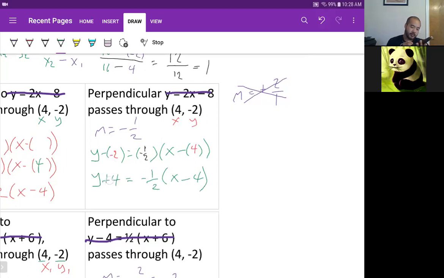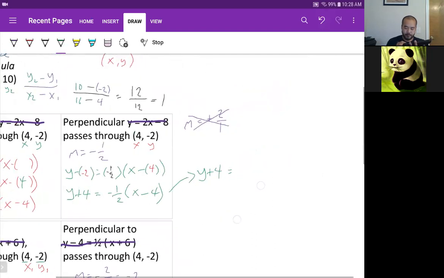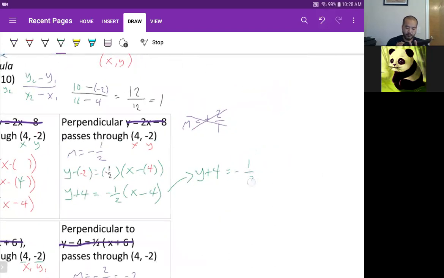If you want to convert this to slope-intercept form, here's how it looks. So y plus 2 equals negative 1/2 x minus 4. Distribute this first. So y plus 2 equals negative 1/2 x, negative times negative makes positive 2.